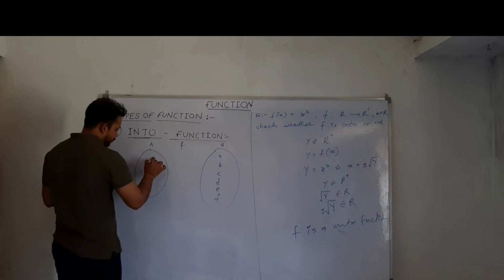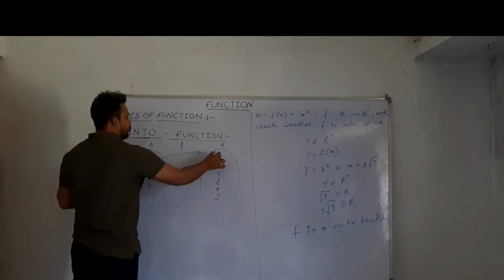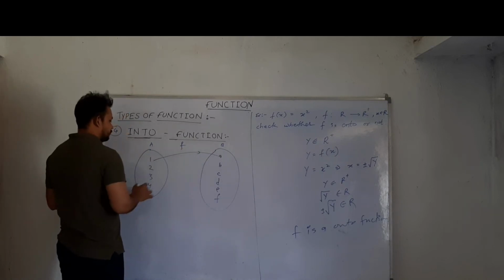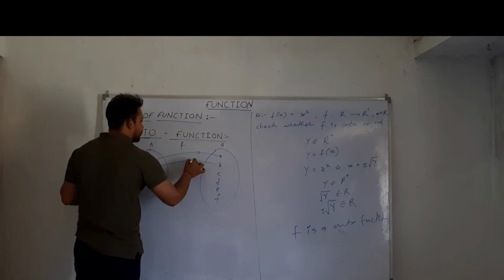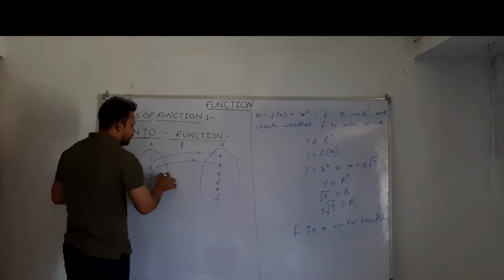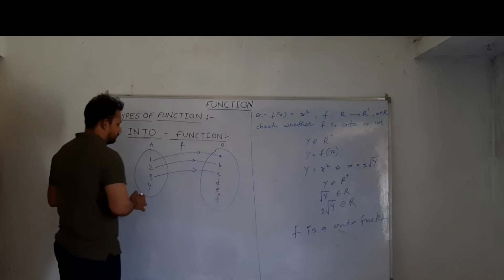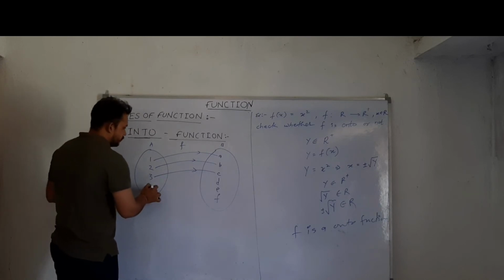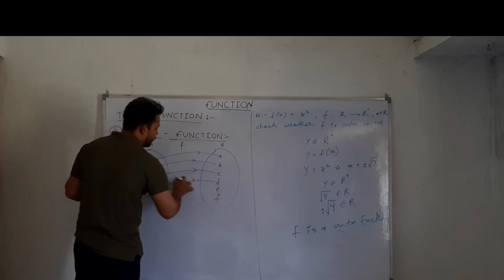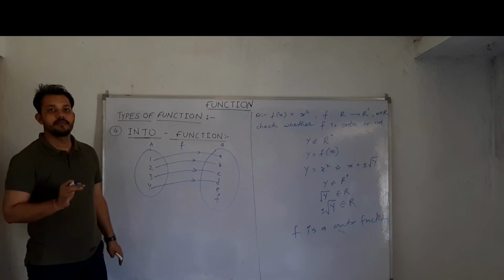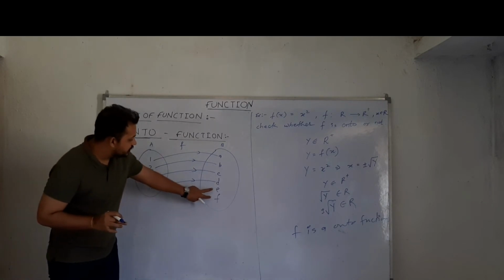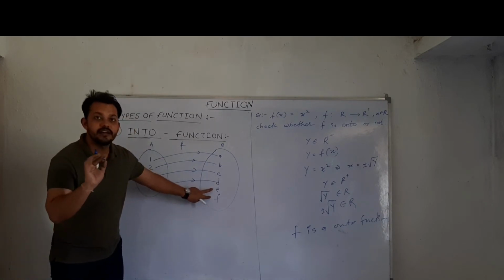When we put the value 1 in the function, suppose it gives a, 2 will give b, 3 will give c, 4 will give d. Now we can see that here 2 elements are left.